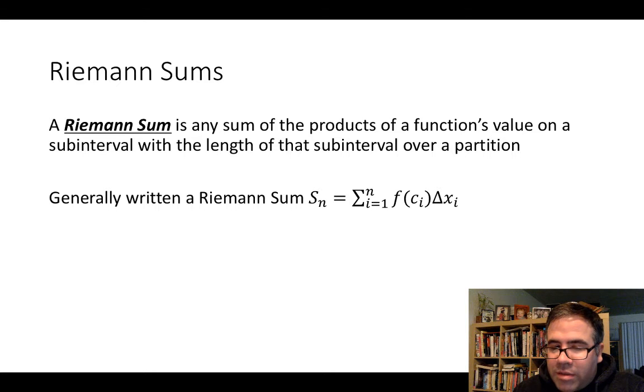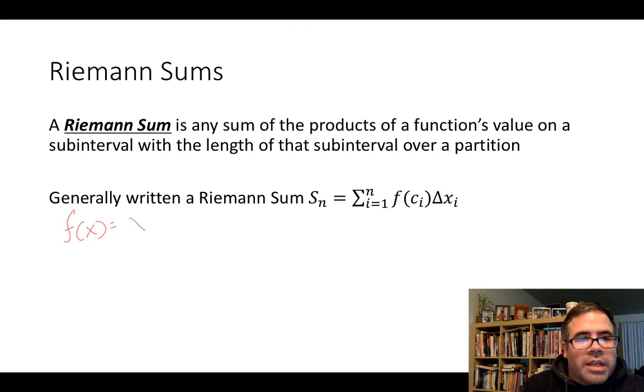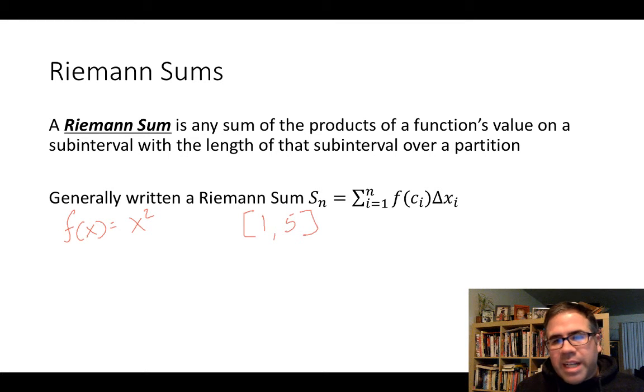So let's, for an example of how this works, define some things. Say our f of x is going to be x squared. Pretty easy peasy, right? Say our interval, Riemann sums are always over an interval, is from 1 to 5, always closed. And let's split this up on a nice partition.